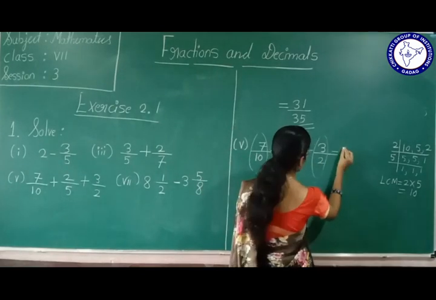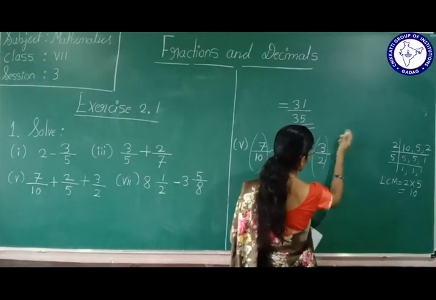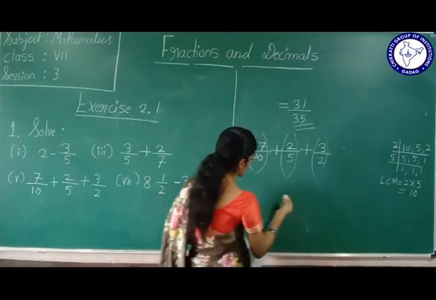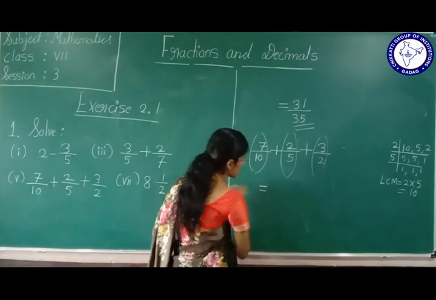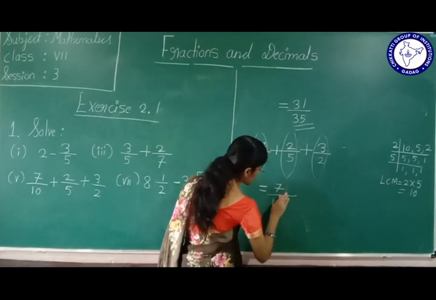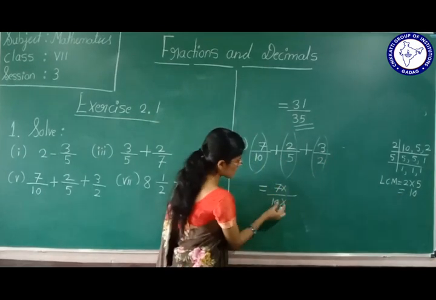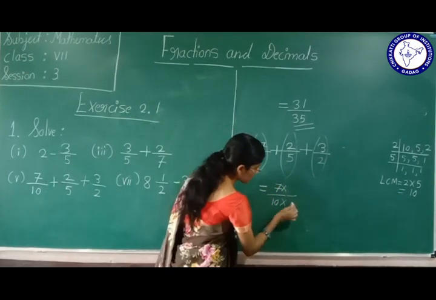Now see here, we'll solve. 7 by 10. The LCM is what, student? 10. 10, how much is our 10? 10 ones are 10.